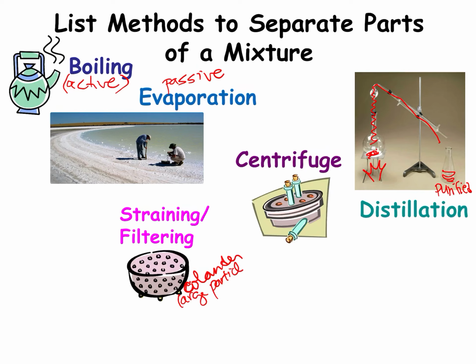So if you remember the gold rush, all those old miners going out into the stream, they would use sieves to pan for gold. And so any gold would be large enough to stay in the filter, and any smaller particles or the water would go through. But again, those are large particles we're looking for.